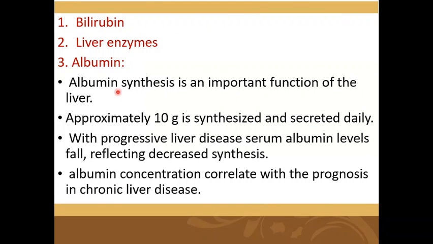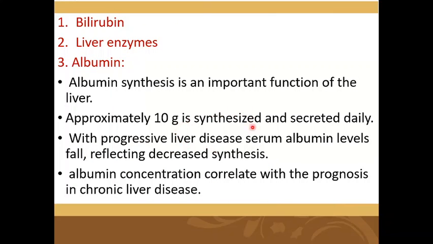After we have discussed bilirubin and the liver enzymes, now we'll discuss albumin. Albumin synthesis is an important function of the liver. Approximately 10 grams is synthesized and secreted daily. With progressive liver disease, serum albumin level falls, reflecting its decreased synthesis.